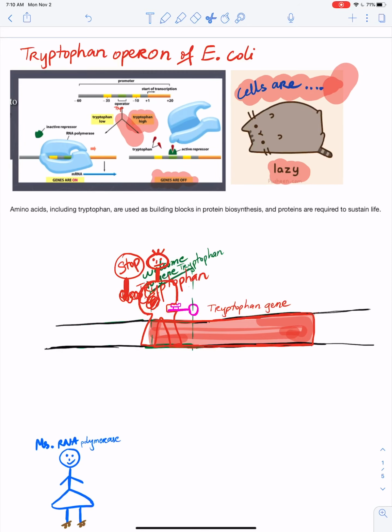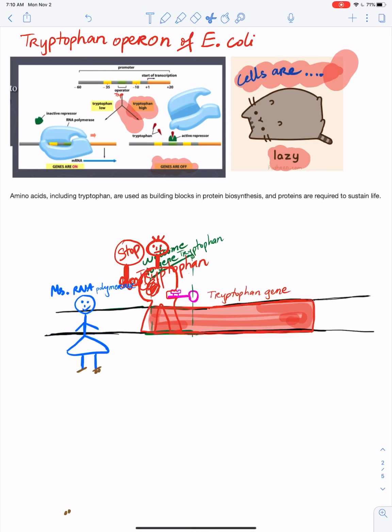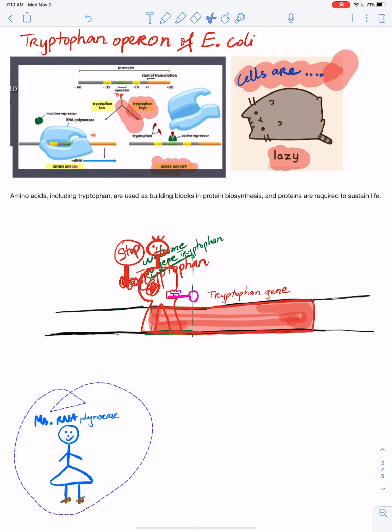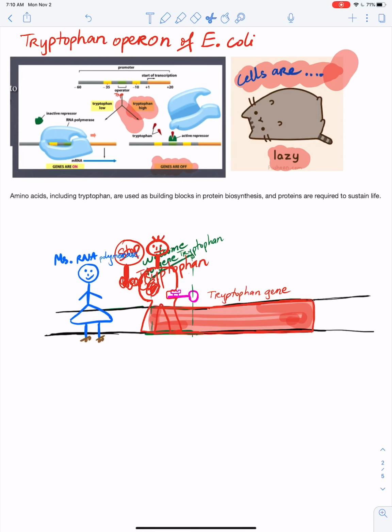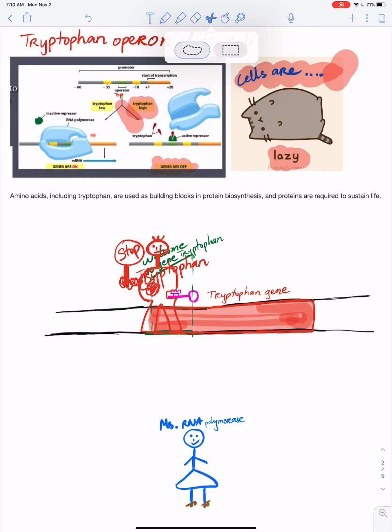Miss RNA polymerase slowly comes to the doorway, and says, oh, I want to make some tryptophan. And then Mr. Repressor says, no, we have enough tryptophan in our body. I don't think we need more. So Miss RNA polymerase has to leave, and no transcription is made.